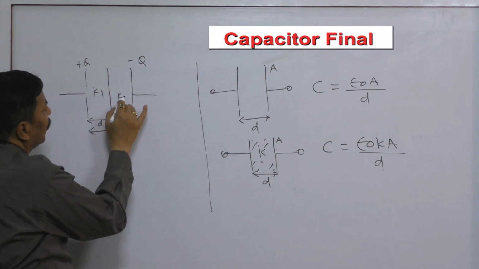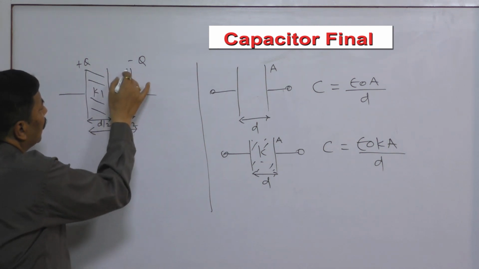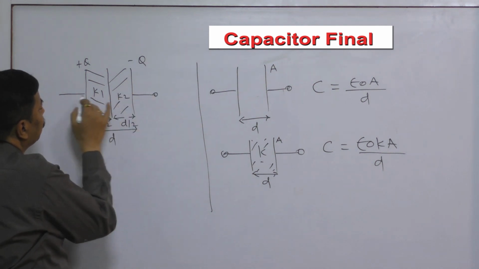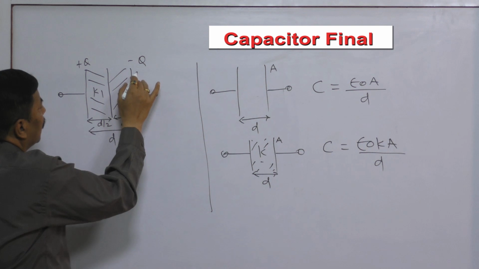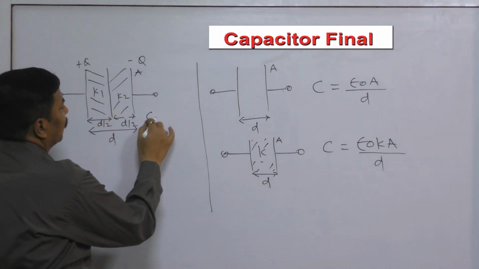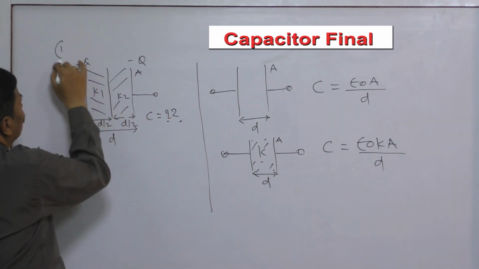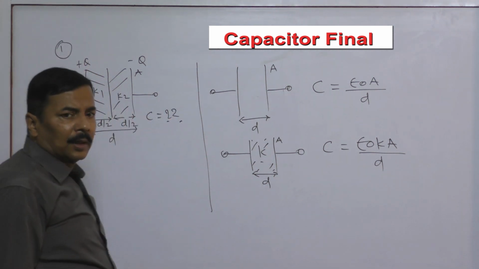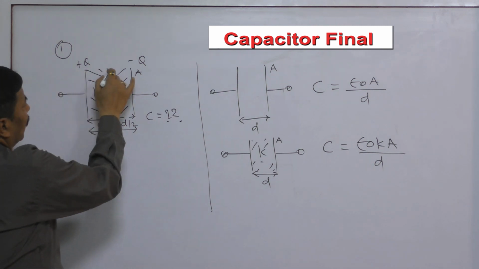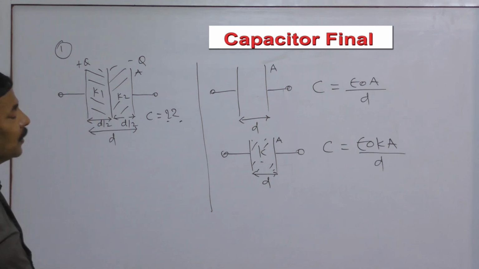This is K2. Here it is filled with K1 and here with K2. Plate area remains the same. Now what is the capacitance? This is the first problem that I would like to discuss in this final series. So now what will be the capacitance?